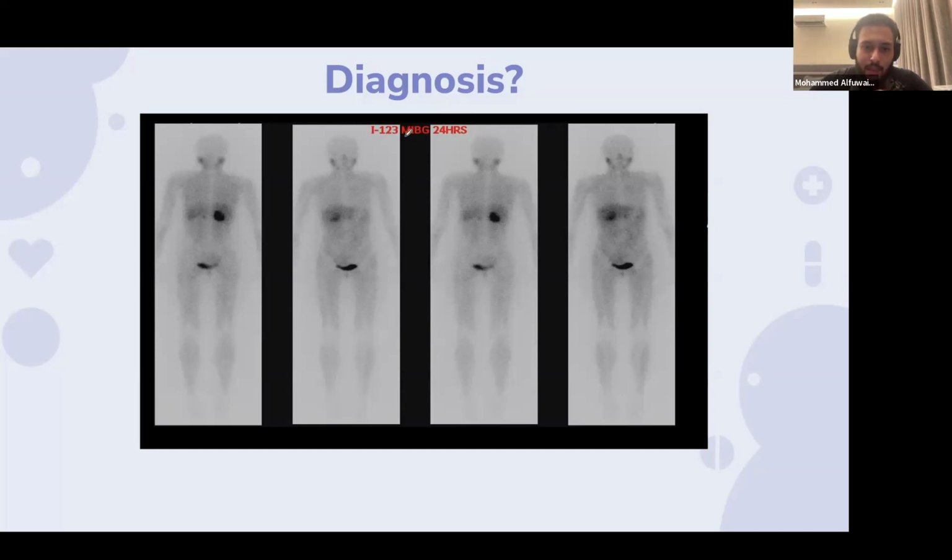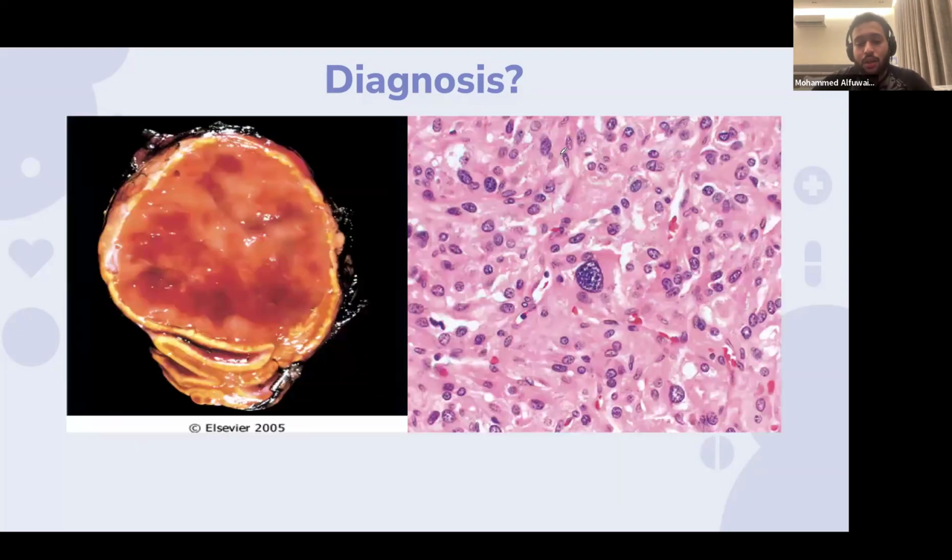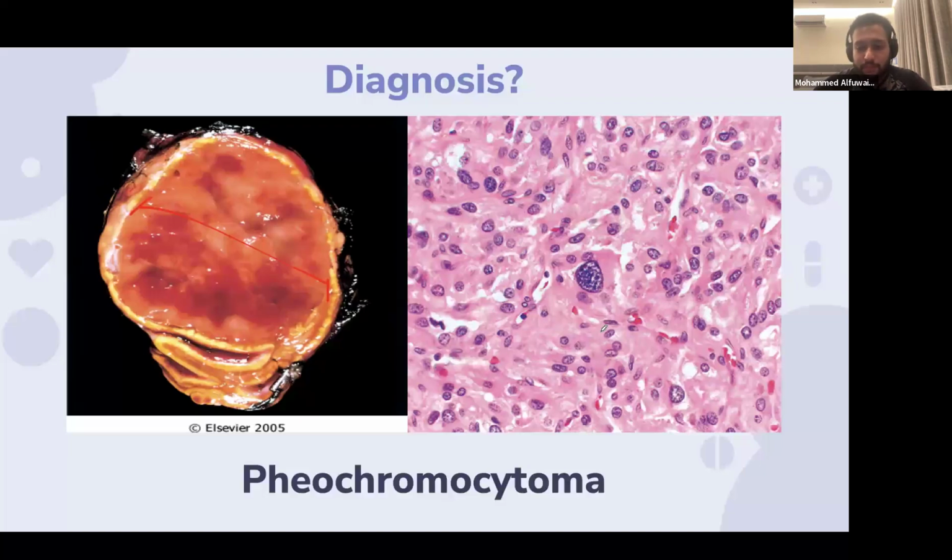This is again an MIBG scan of the adrenal gland, and you see pheochromocytoma. You do histology or biopsy, you remove firstly, you do adrenalectomy and you remove the adrenal gland, and you can see it's in the adrenal medulla, okay, which is this brown hemorrhagic part which is inside. The yellow is the cortex. And then you do histology. Firstly, diagnosis is pheochromocytoma, as you guys mentioned.